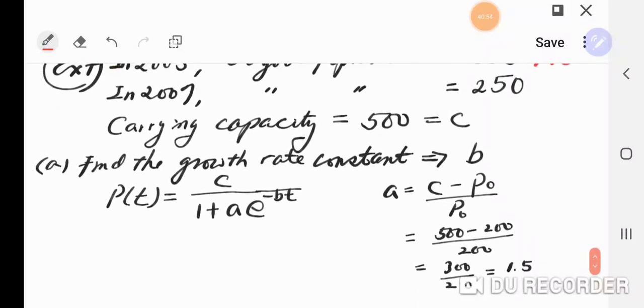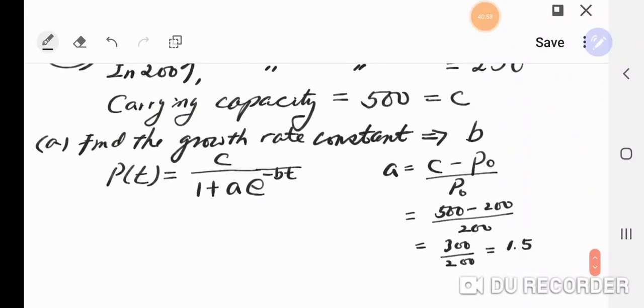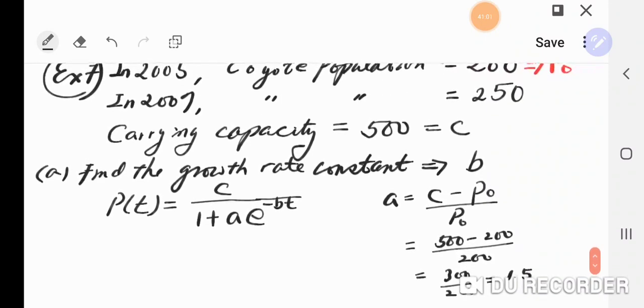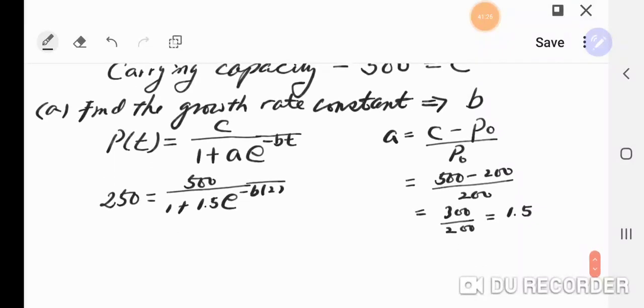So the logistic model is: P of t is 250 after 2 years. C, the carrying capacity, is 500, divided by 1 plus A, which is 1.5, times e to the negative B times 2. So that's the equation. From this equation, let's find B.